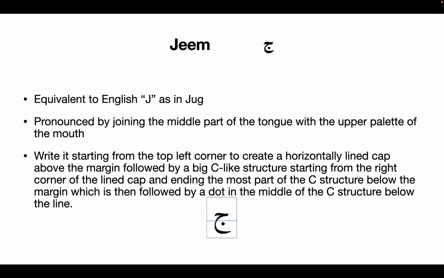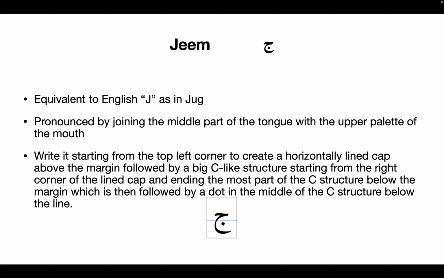This time we don't start from right to left, but from left to right, because we can see the left side of the cap is isolated while the right side of the cap is joined with the C. In order not to break the flow of the writing, we start from the left corner of the cap.